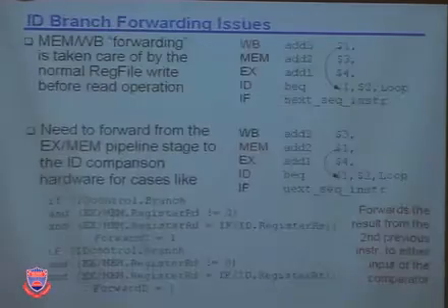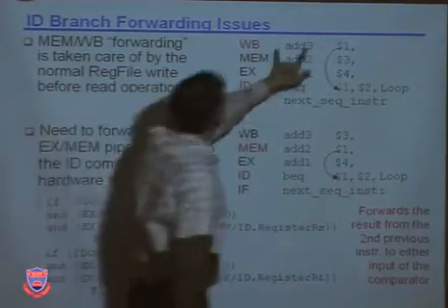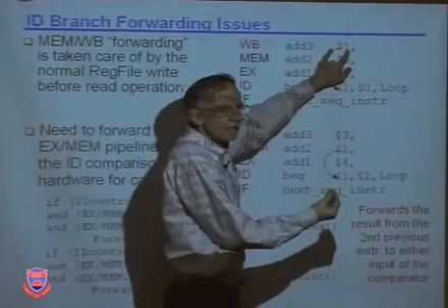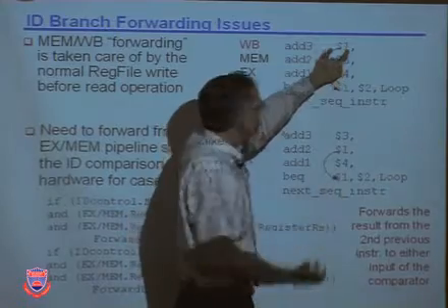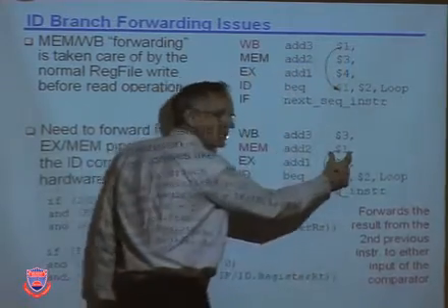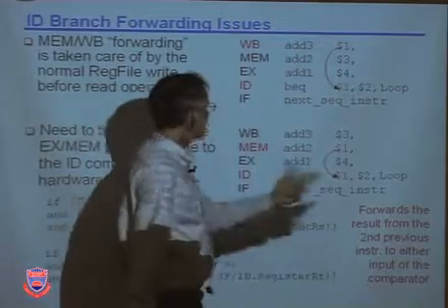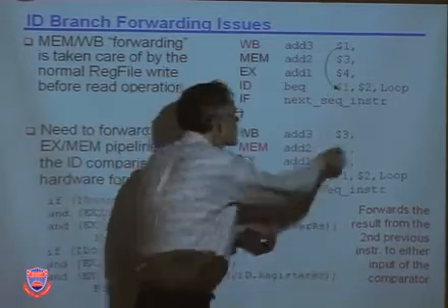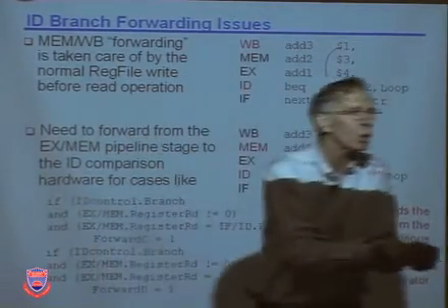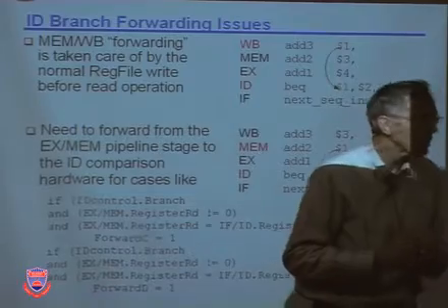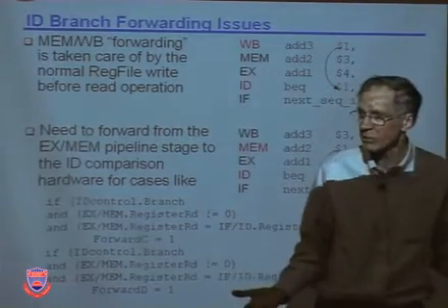Understand? Look here. I've done an addition, and I've created the value of register 1. It's a new value. I don't want to wait till that gets all the way written back. I know it exists at the output of the ALU. Grab it and use it there. It's forwarding, just like we did data forwarding.